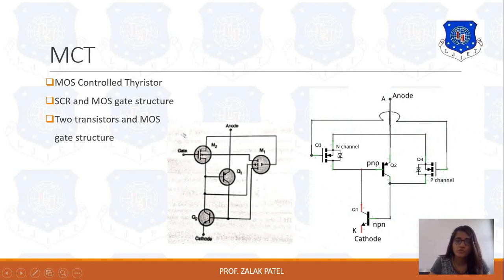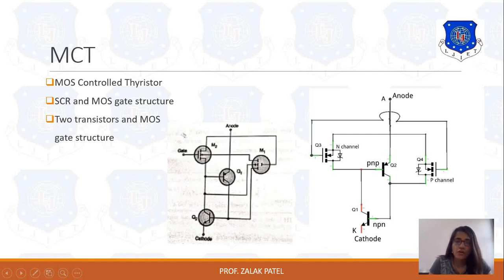Here M2 means N channel MOSFET and M1 is P channel MOSFET. Please note the circuit symbols of both MOSFETs M1 and M2. Now to discuss the operation of MCT, we have to consider this figure, for the turning on and turning off process.